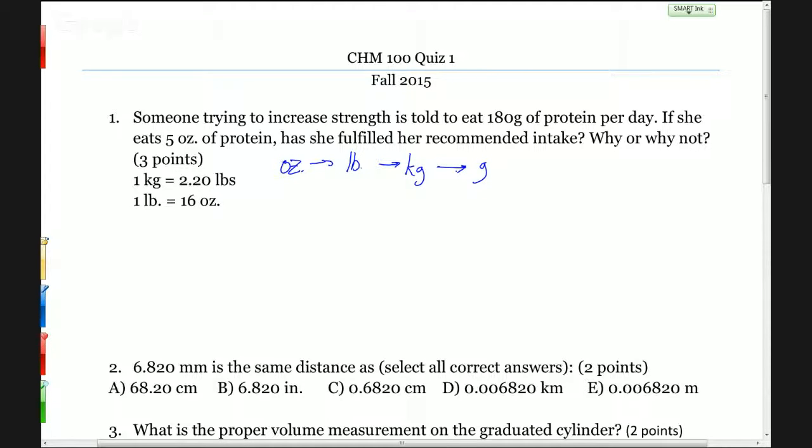So then you set up the conversion, 5 ounces. And then we're going to get rid of ounces and have pounds. Right? Cancel ounces and make pounds. Cancel pounds and get kilogram. And cancel kilogram to get gram.